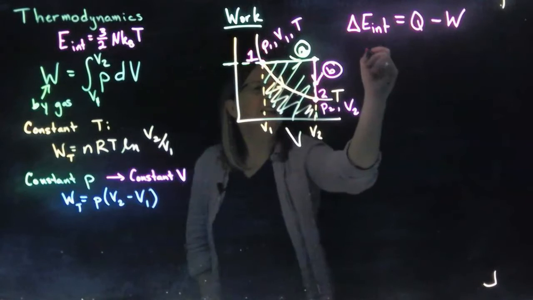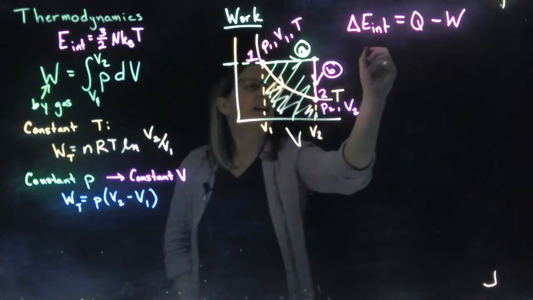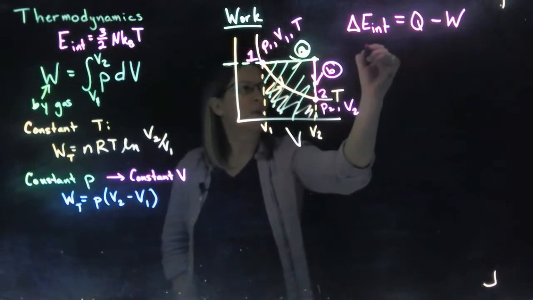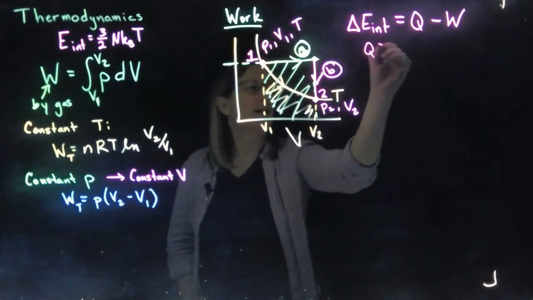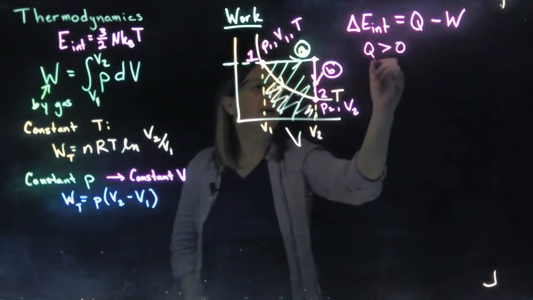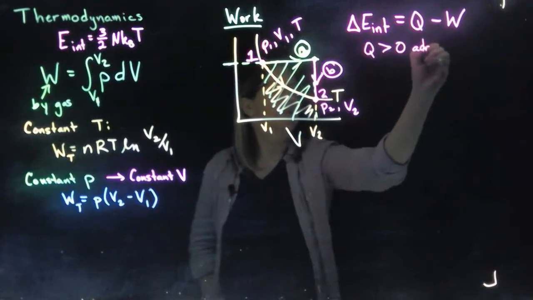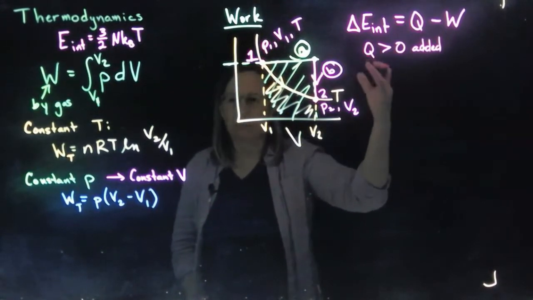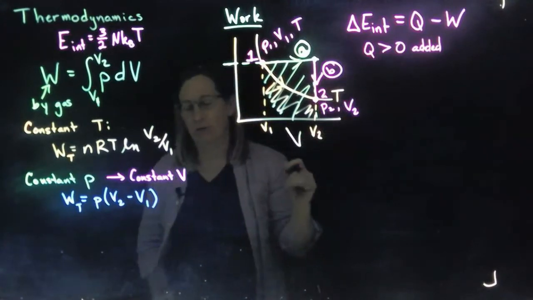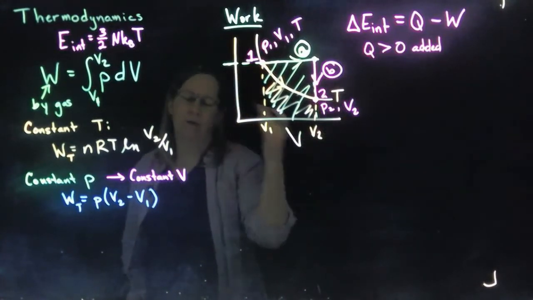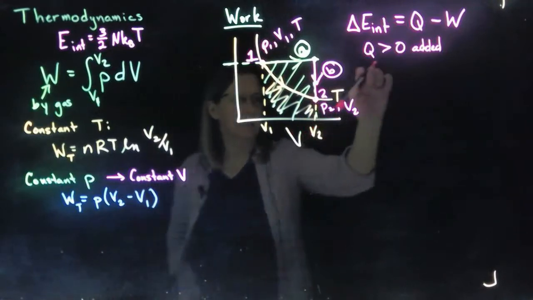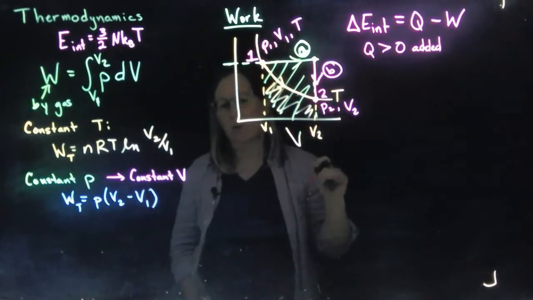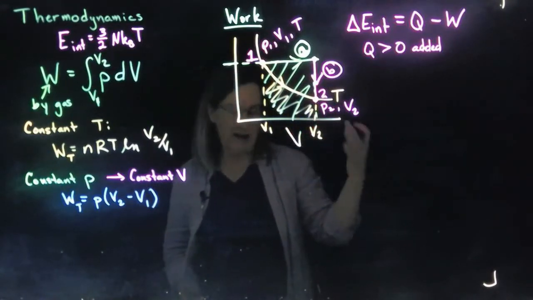Okay, and so the missing piece here to get everything to match back up is, of course, our heat. So if we look at this, just to get the signs right, Q greater than 0 means that it's added. The temperature generally increases when we add heat, right? We've also got situations where phase change can happen, or we could add heat and it could all go into work.